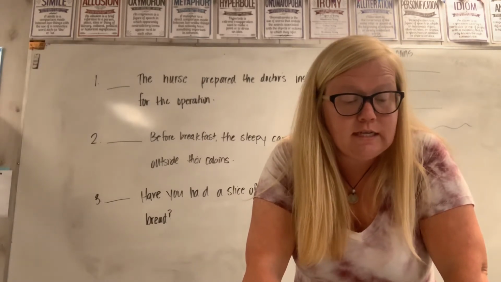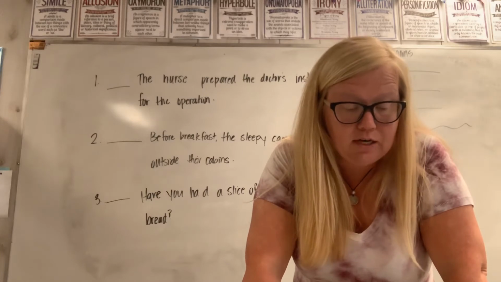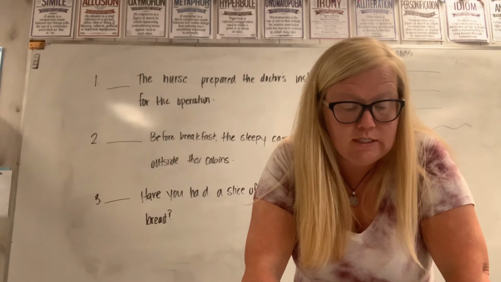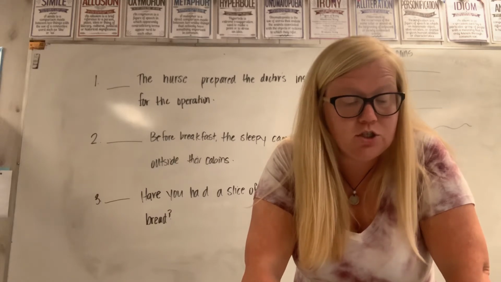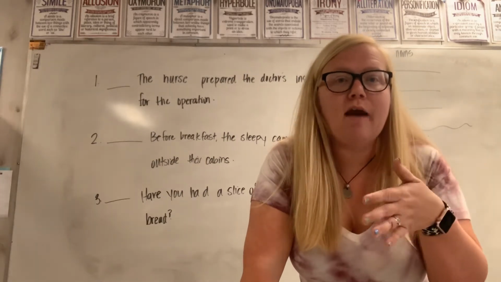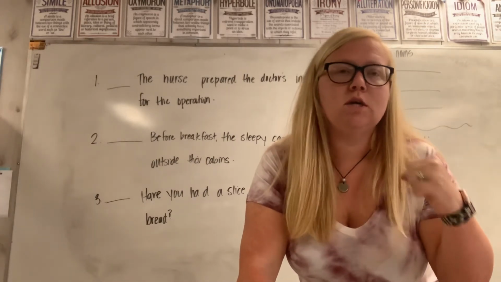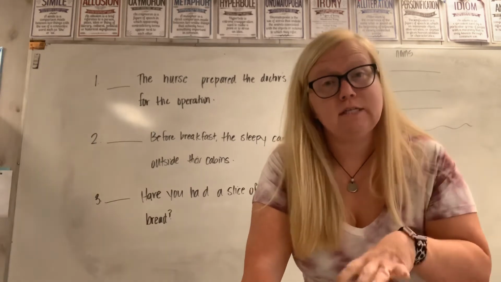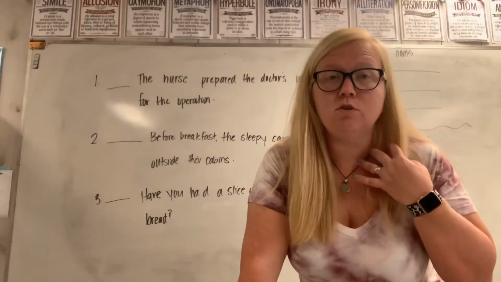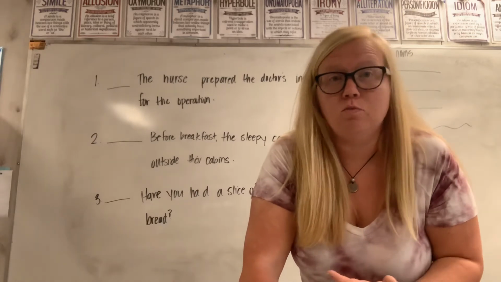A verb is intransitive if it shows action and does not have a direct object in the sentence. Verbs in pattern 1 sentences are intransitive because they do not transfer an action to a direct object. So when we have a pattern 1 sentence and we have a word like talk, but we don't have a direct object come right after it, those are intransitive verbs, okay? Those are the type that we have in pattern 1 sentences.